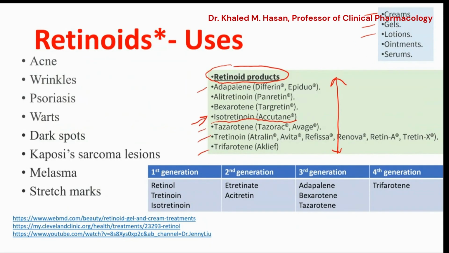It's very important to remember we have 4 generations. First generation, second, third, and fourth generation. Some textbooks put the Trifarotene in the third generation. So we need to remember this category here. Okay. So the first generation, we have tretinoin and isotretinoin.